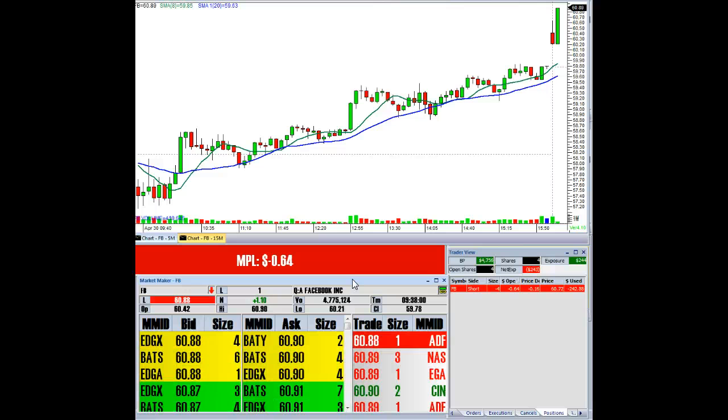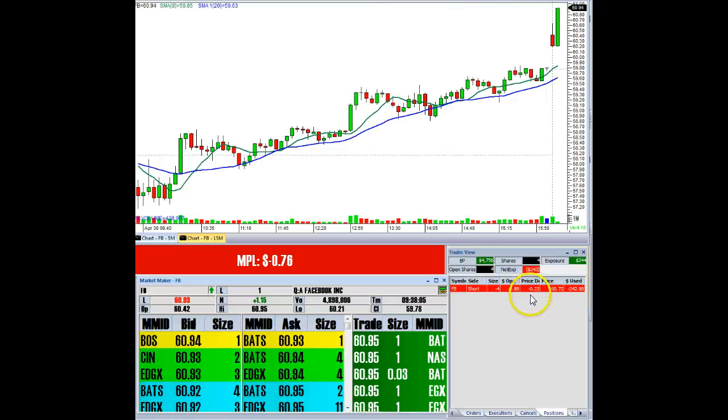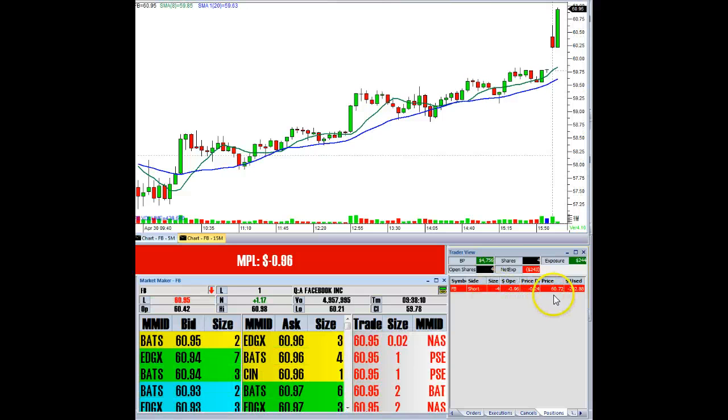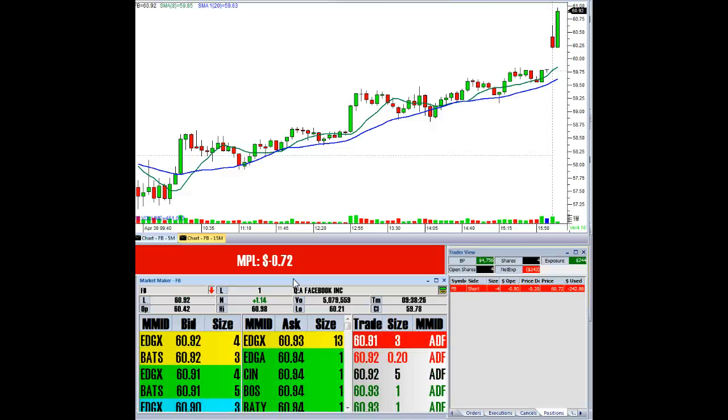Okay, so now I just shorted two more shares. So again, I had moved my average cost to where it was 15 cents away. I'm now short four shares with an average cost of 60.72. Only down 72 cents. Not the end of the world. I think what I'll do is if I get down $5, boom, you just say, you know what, this didn't work. I'm out.